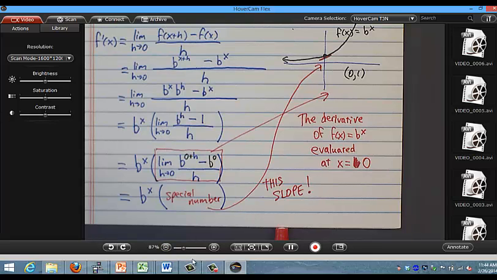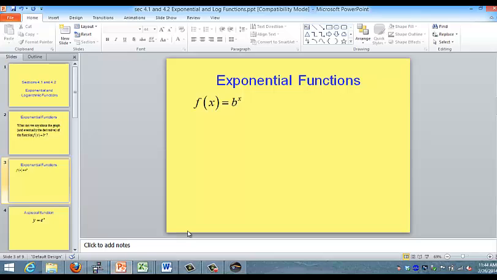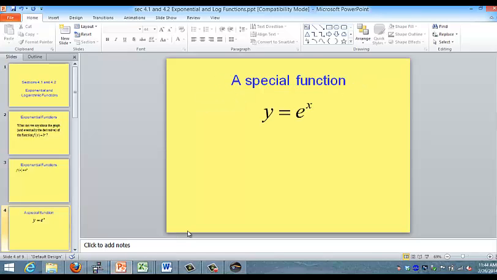In some ways, the most natural choice for your base is not 2, and it's not 3. It's actually a number in between those two bases. And no, I don't mean 2.5. I mean e. And how many people have heard of the number e before? What do you guys know about e? Anything? Go ahead.